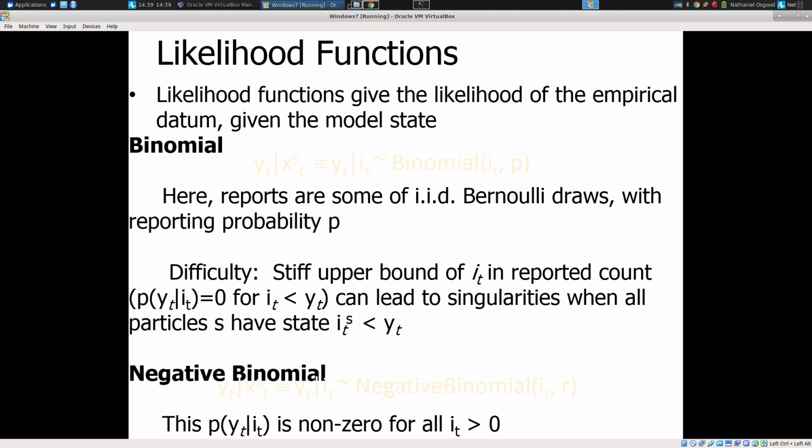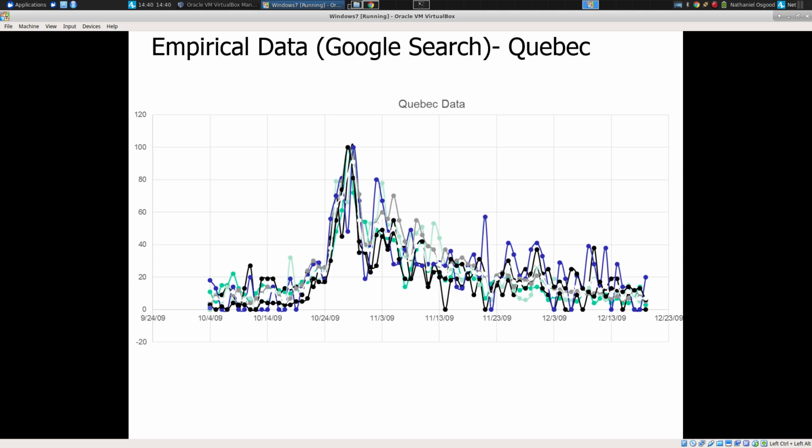To what degree does that match the empirical data? So the likelihood function, if it's a really good match, likelihood will be high. The likelihood of observing this data, if it's a poor match, the likelihood will be low. And that's what's used to weed out some of these hypotheses, these particles over time, which become associated with lower weights, which leads them to die out.